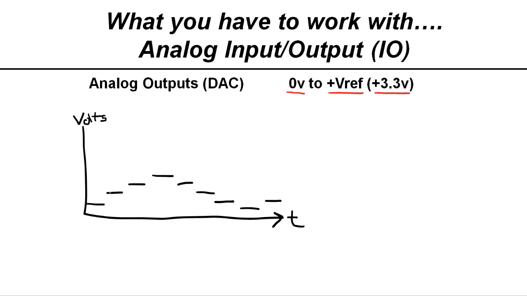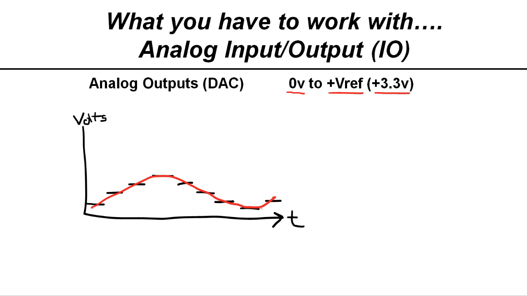Over time you change it, and you can create waveforms. So maybe you want to drive a speaker. You could use a DAC to do that. Or maybe you have some other little widget that needs analog control. You do it with a digital to analog converter.